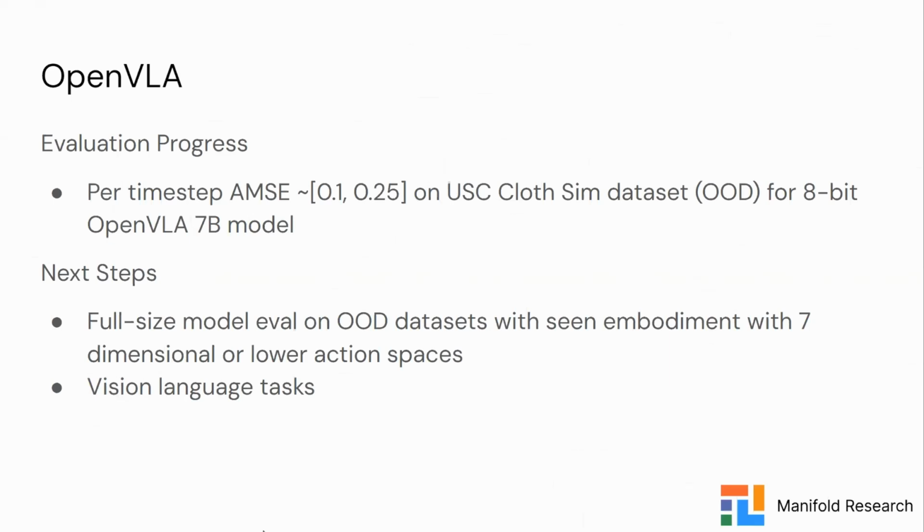And we pretty much divided the out-of-distribution datasets into 4 categories by action space. So there's the action space with 7 dimensions that's similar to what OpenVLA already has, and then there's the lower dimension action space with, for example, only the 3 dimensions of positions and then gripper command.